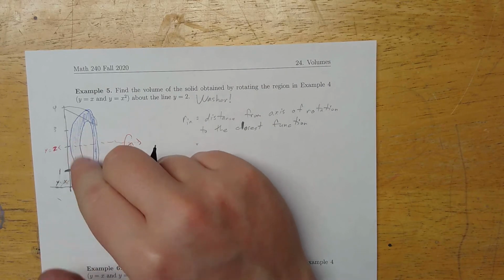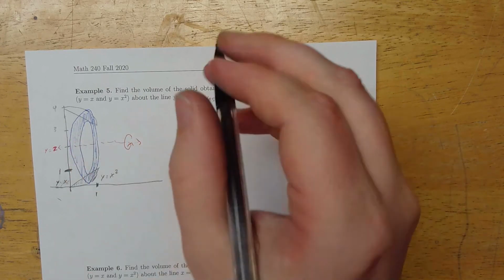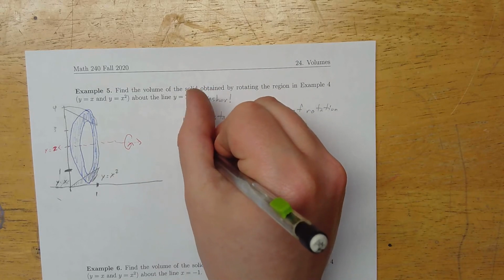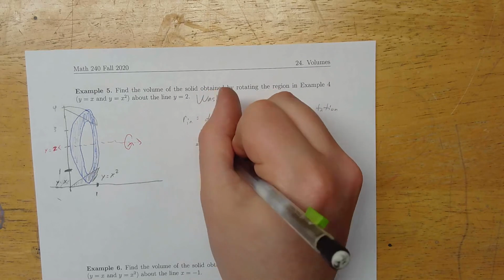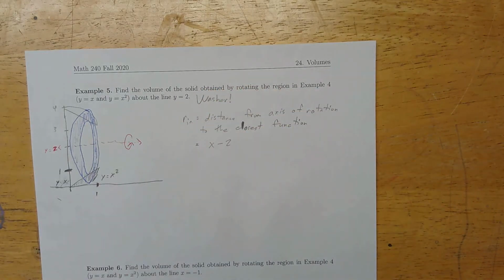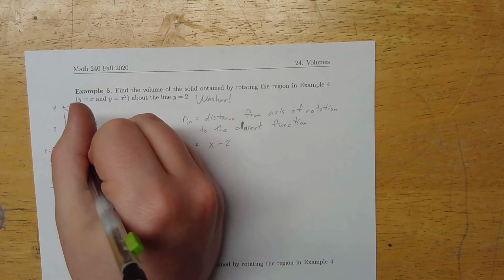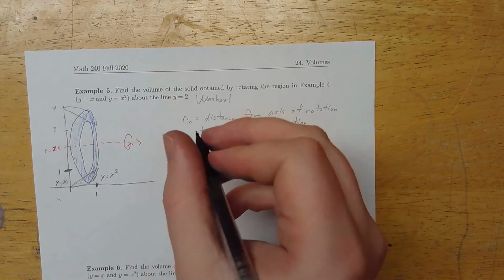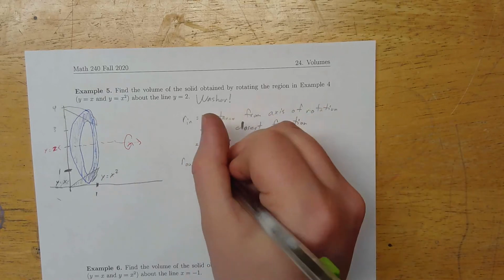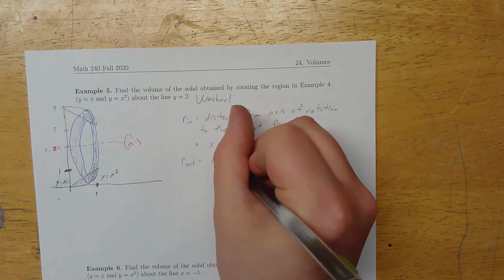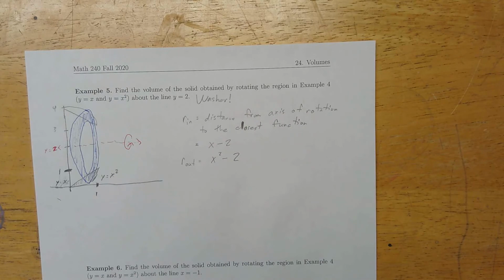So if we want to know how far apart these are, we're going to take x minus 2. And if we want to find our outer radius, this will be found by taking x squared minus 2.